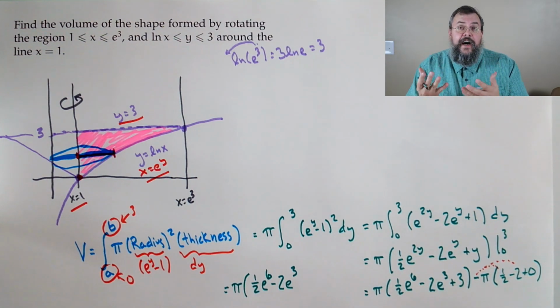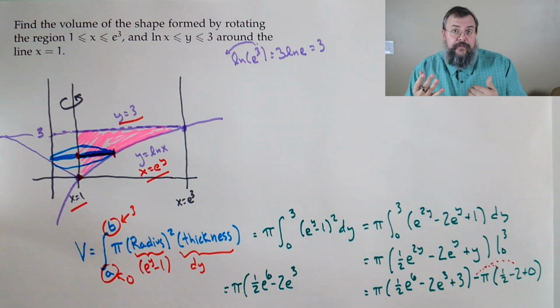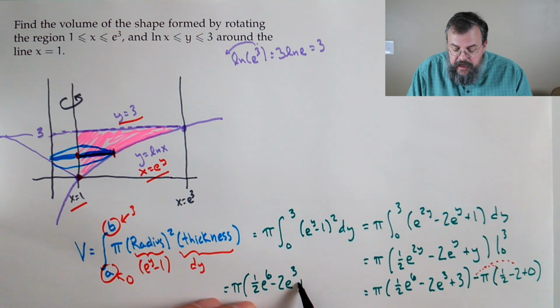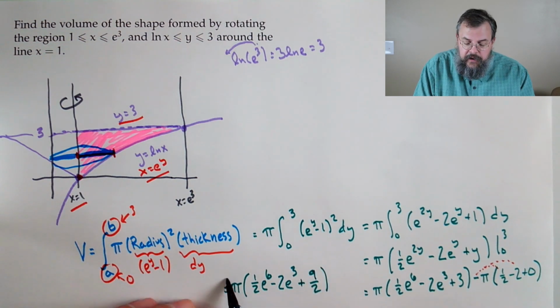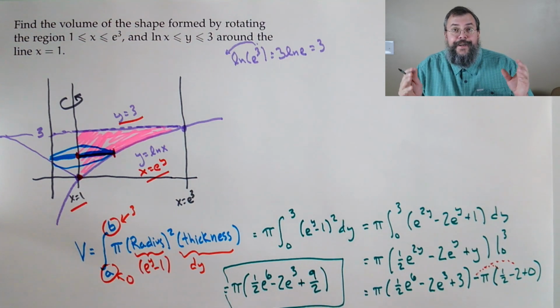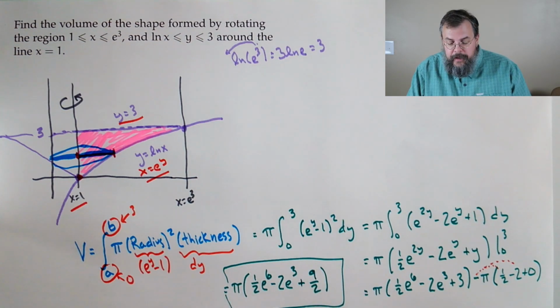Well, if you take 5, that's the same as 10 halves, minus 1/2 would leave us with 9 halves. And there we go. That's the answer. All right. Well, yeah, it's positive. e to the 6 is pretty large compared to e to the 3rd, so we're good to go.